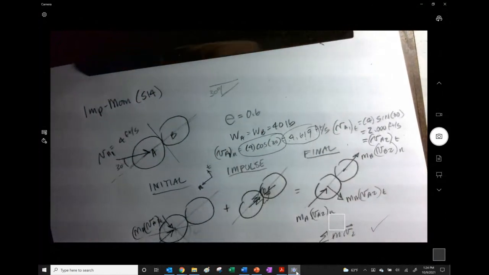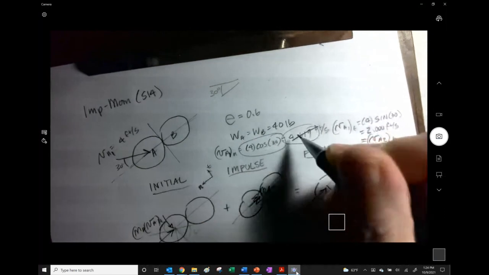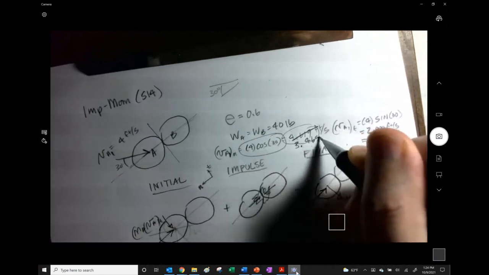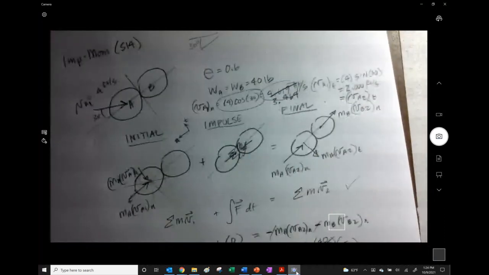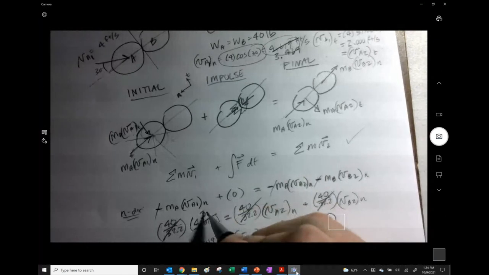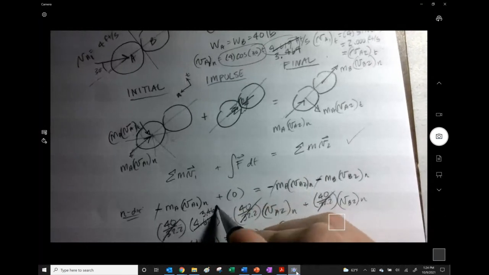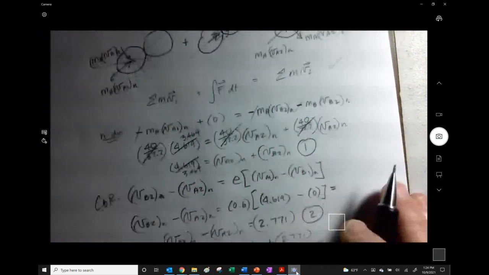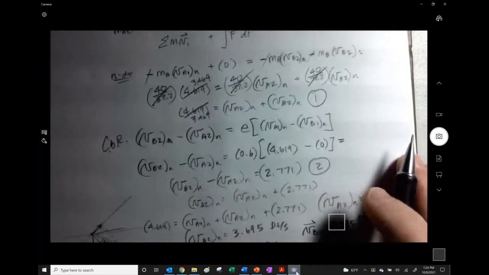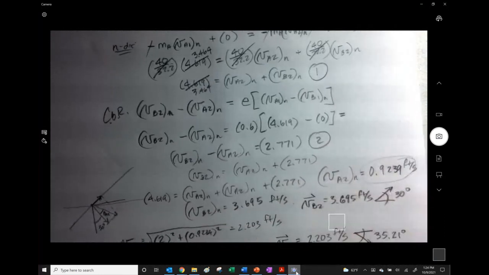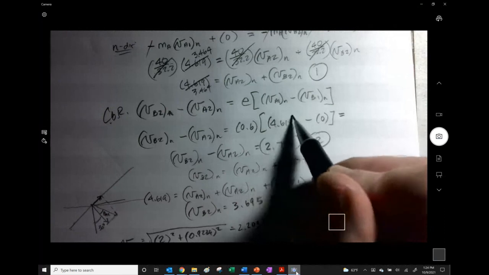How did that happen? I don't know. But it should be 3.464. So that's wrong. 3.464. When we come down to here, where did I use you? Right there.